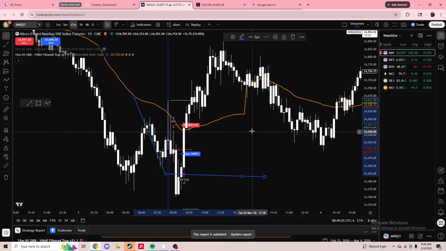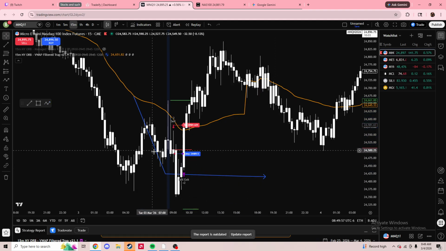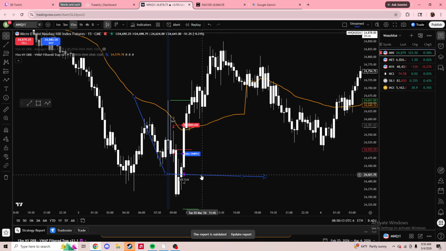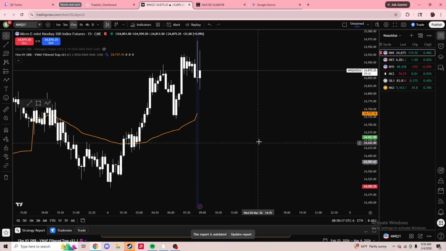So let's say the orange line is going like this, meaning buyers are in control, but there still is, it looks like it could be a break and retest. We do not want to take a trade because buyers are somewhat in control. So the bot will look at the orange line before it decides if it hops in or not.